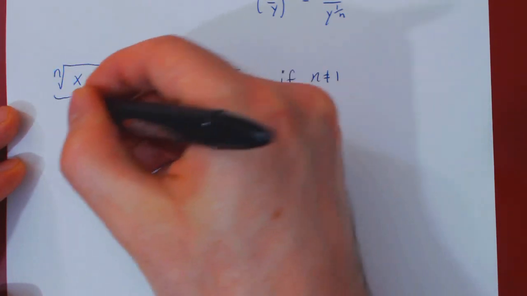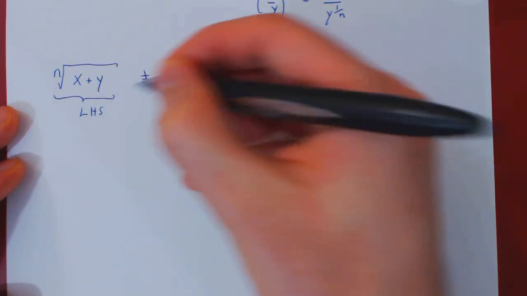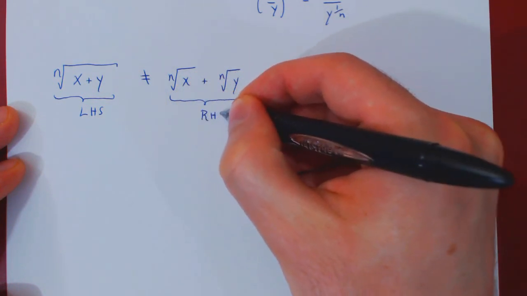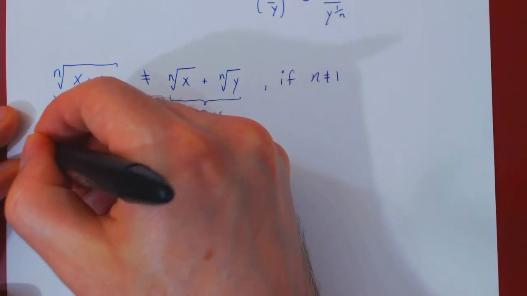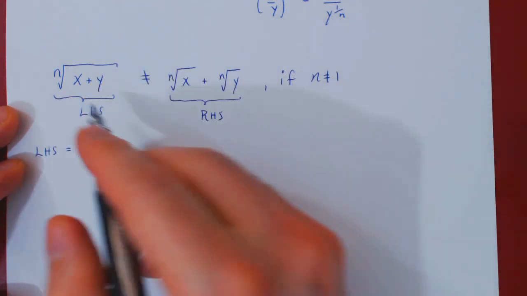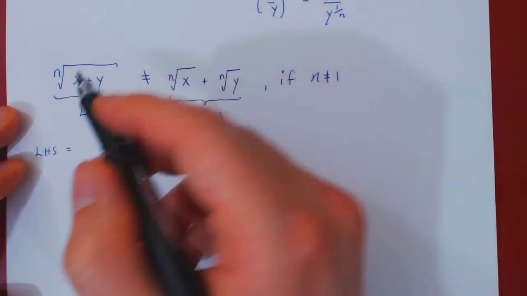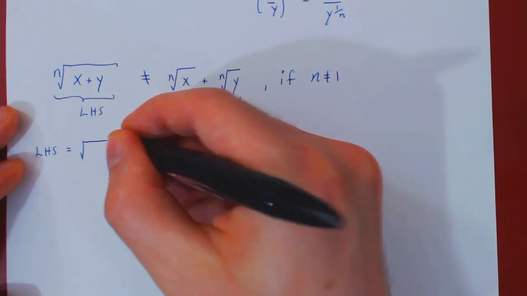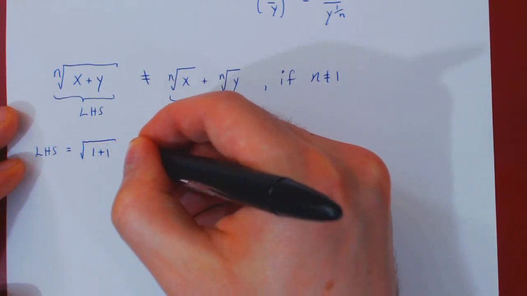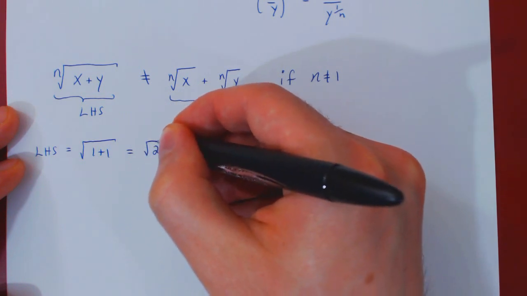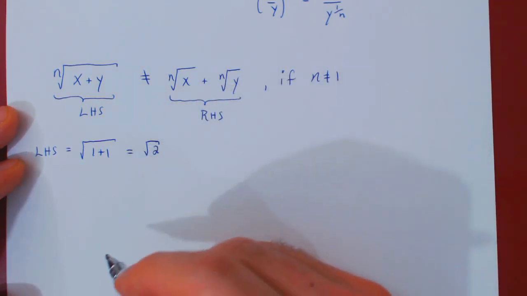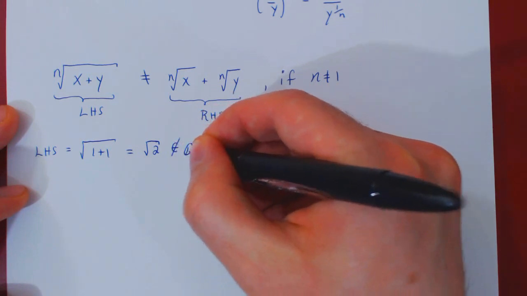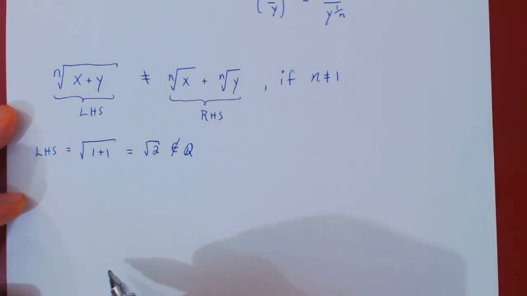So let's call this the left-hand side, and this the right-hand side. So if n is 2, again we have the square root, and if x and y are both 1, then on the left we have the root of 1 plus 1, which is the root of 2, which you should know is an irrational number, which means it cannot be expressed as the quotient of two integers.